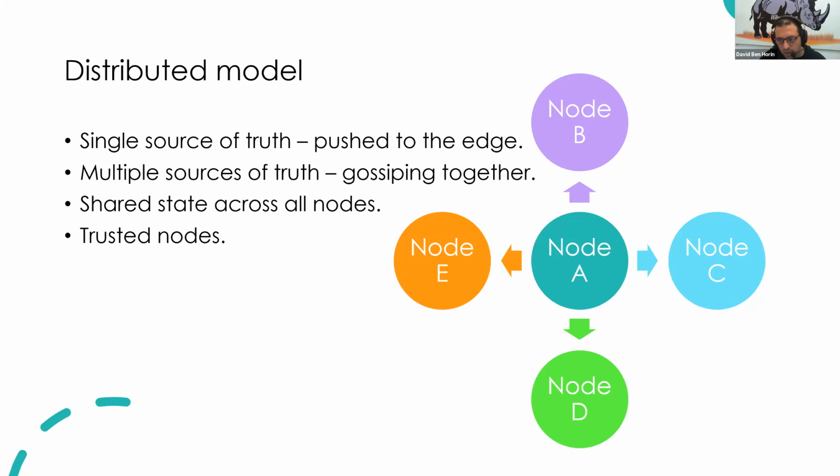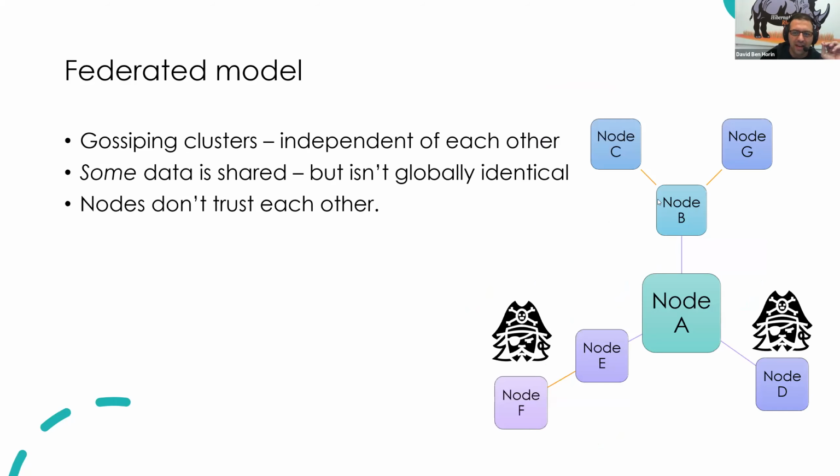So far, so good. But what happens if that's not the case? What happens if I actually have a different model where some of the nodes may be evil? Or, maybe I started out liking them, but then it fell into the hands of an evil person.